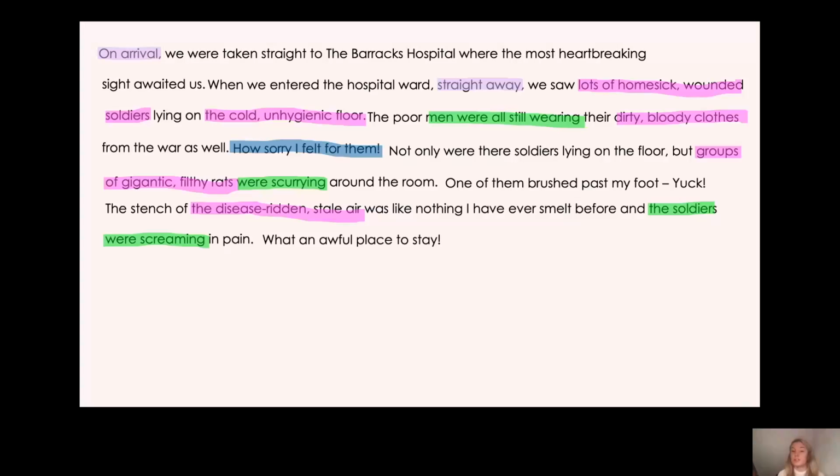So I've got "what an awful place." So awful is my adjective and place is my noun. What a dreadful place to stay. What a horrific place to stay. How sorry I feel for the soldiers that have to stay in this awful place. So lots of different exclamation sentences that I could have used there, but I went for "what an awful place to stay." I've highlighted in blue because it's an exclamation sentence.